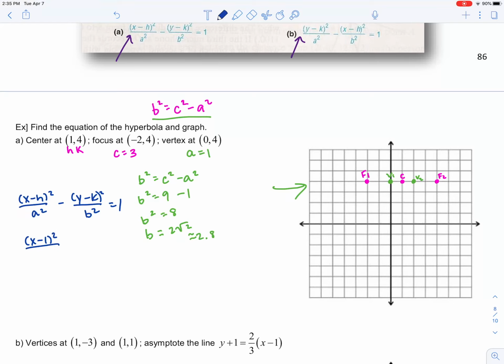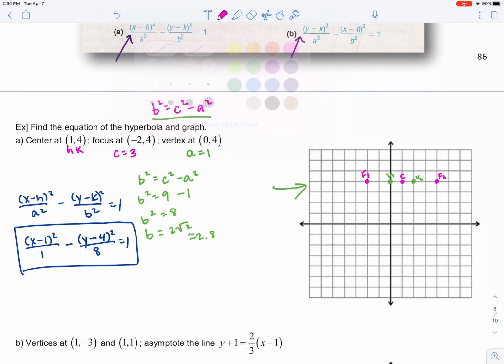So I have my h value, it is 1. So x minus 1 squared over a squared, which is 1, minus y minus 4 squared over b squared, which is 8, equals 1. So this is the equation of the hyperbola.